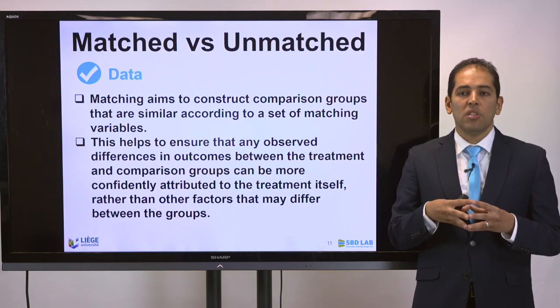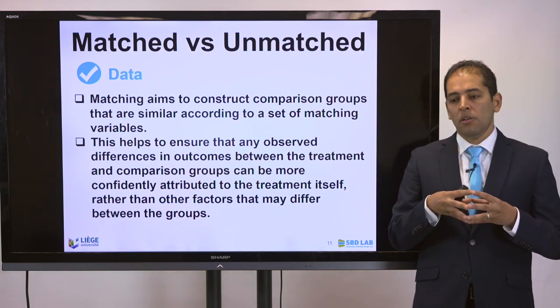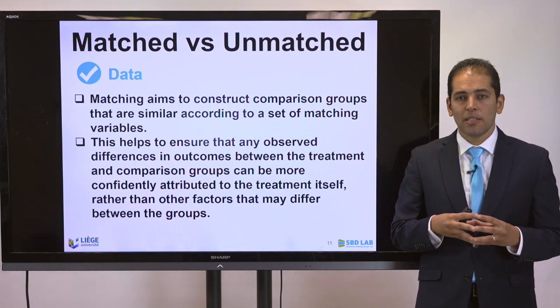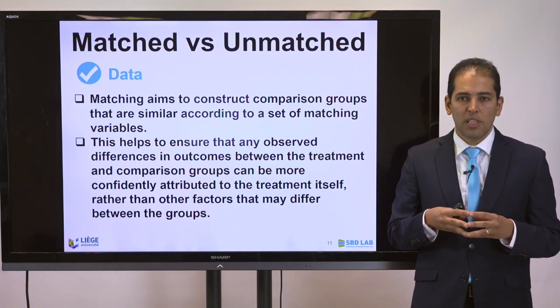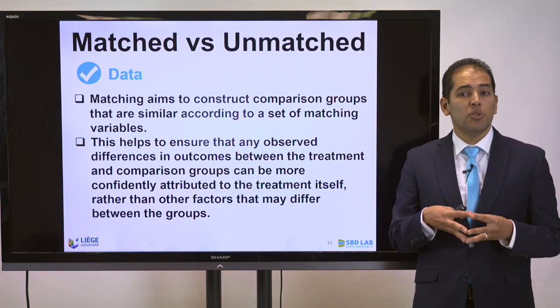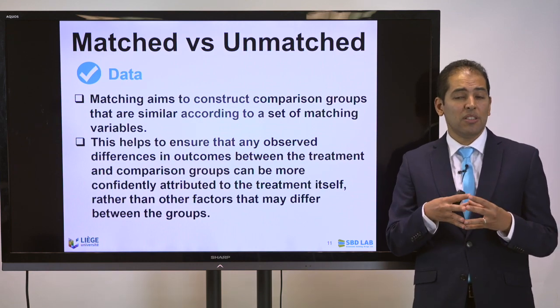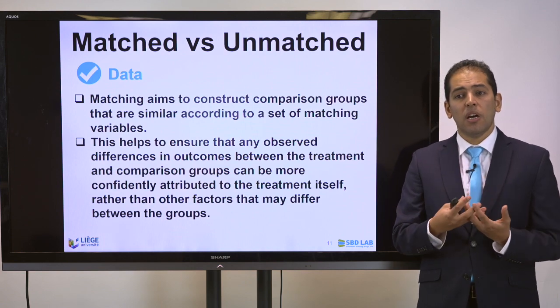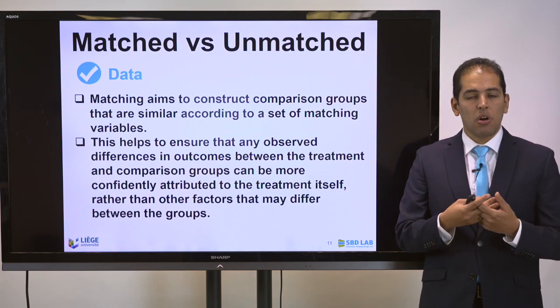Now, we need to understand what is the type of data that we are going to use in order to select the appropriate or the best fit test. And in this sense, we have two types of data, matched and unmatched. Matching aims to construct comparison groups that are similar according to a set of matching variables. This means that from the beginning, your questionnaire and your survey is designed to allow for this match of the data.